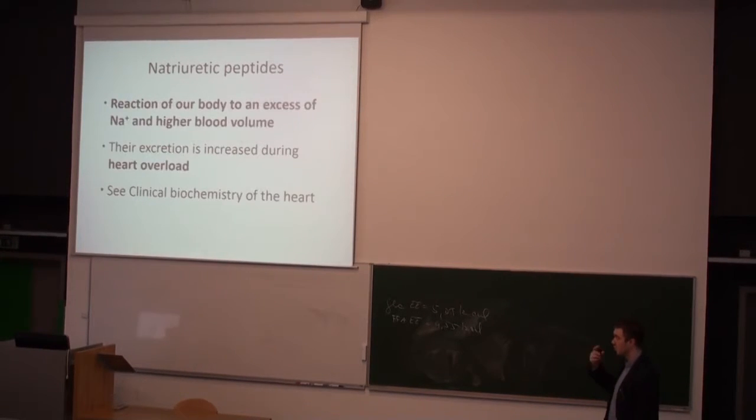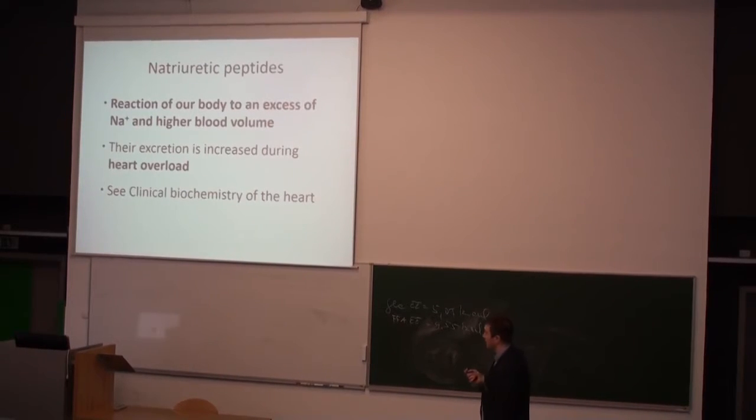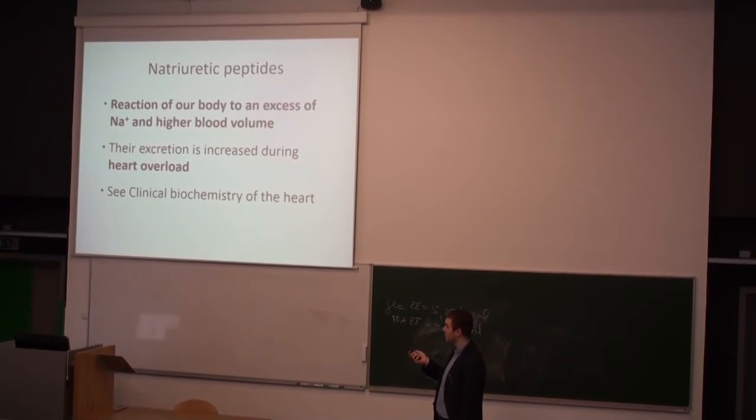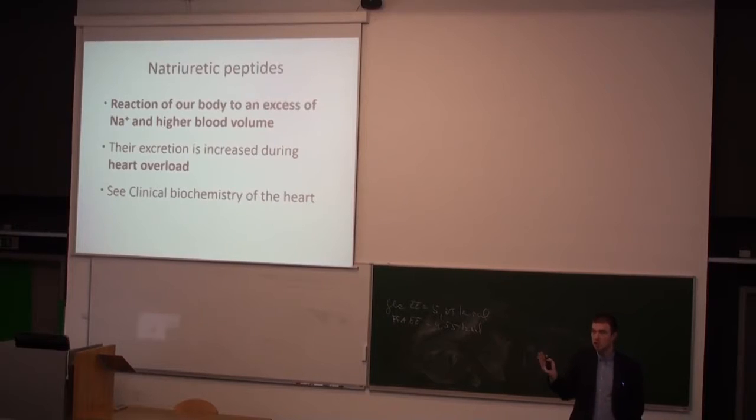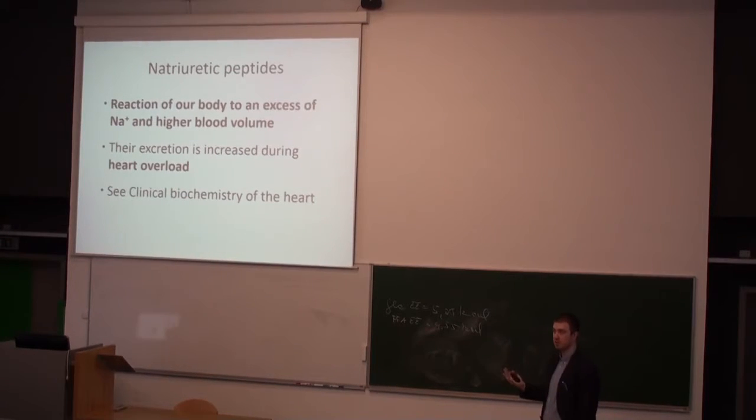So if you suspect heart failure in a patient, you can confirm your diagnosis by measuring these peptides. If you see them elevated, you can be sure that the symptoms of that patient can be caused by heart failure. If they are negative, then you must look for other possible causes, for example, respiratory disorders.